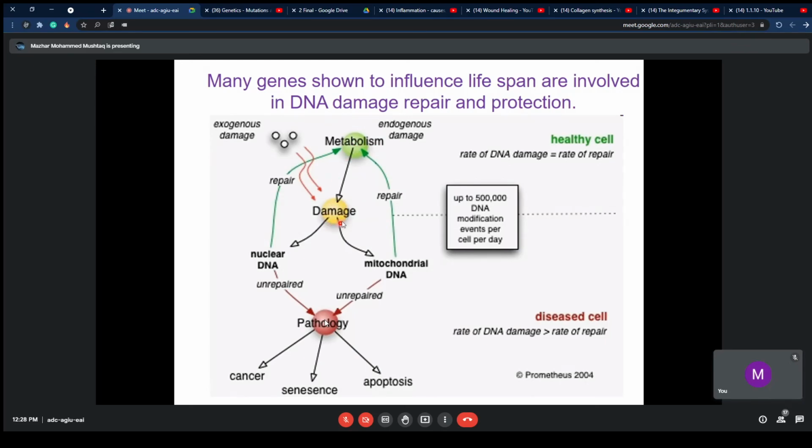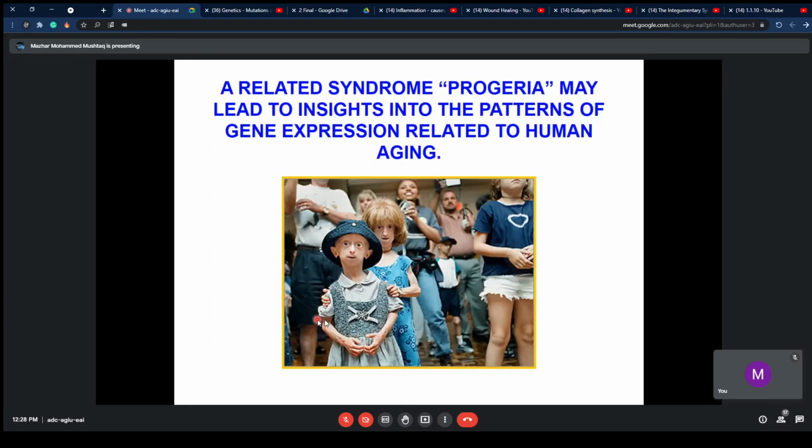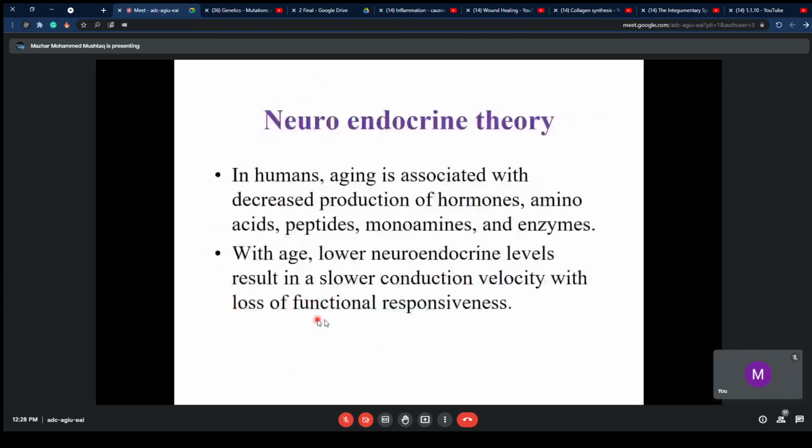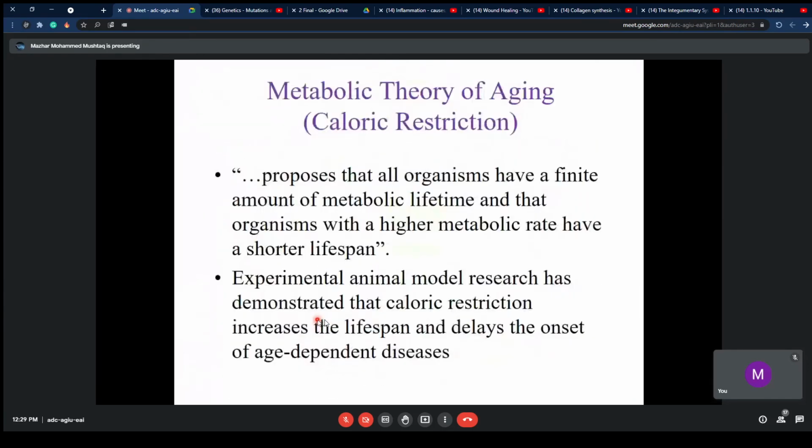If this damage on the DNA is repaired, it is well and good. If it is not repaired, it will cause some sort of pathology, and you can have cancer, senescence, and many other problems. That was the metabolic theory of aging.